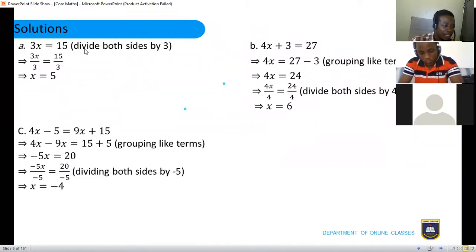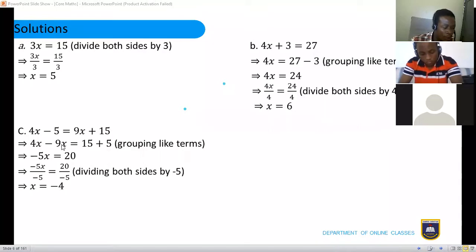If you look at these solutions, the 3x over 3 is one term. When I come to solution C, 4x is just a term, but not two terms. But where we have 4x - 5, it is binomial. Below it, we have 4x - 9x.